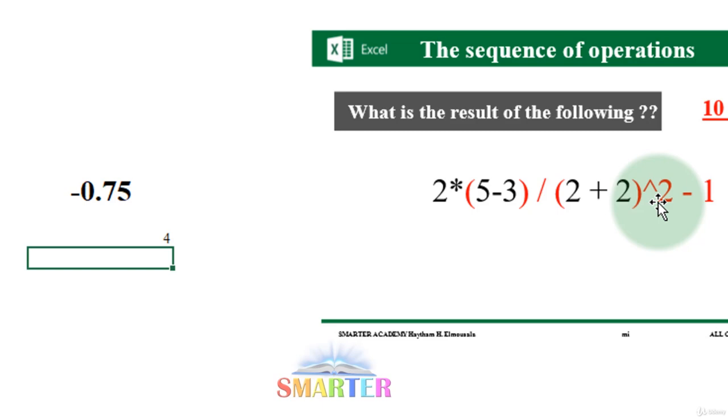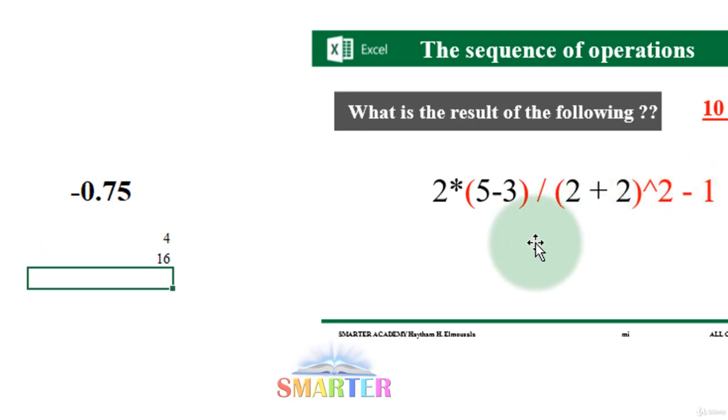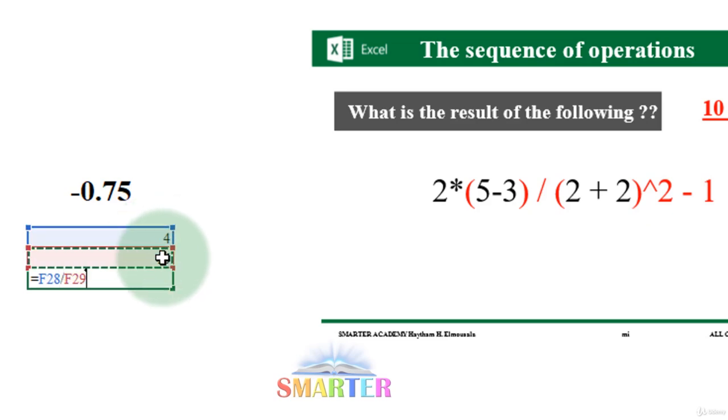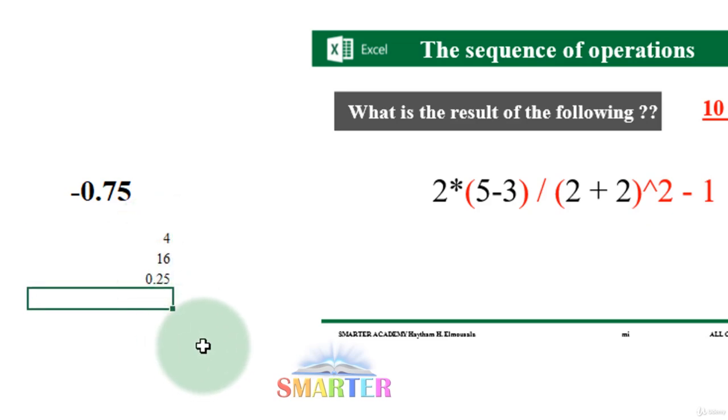The result will be 4, and 4 will be powered by 2, so the result will be 16. After that, division has priority over subtraction, so 4 will be divided by 16 and the result will be 0.25.